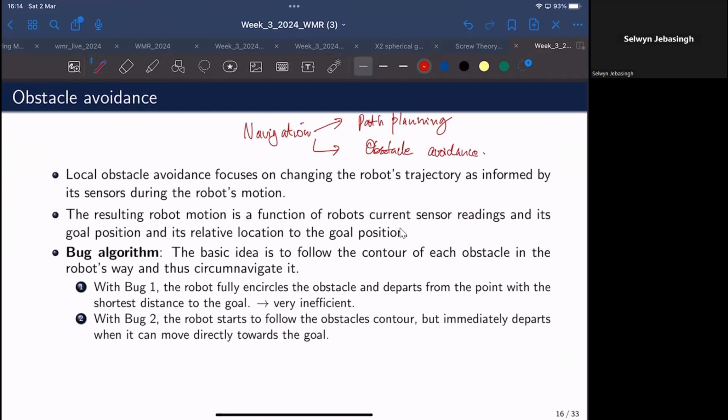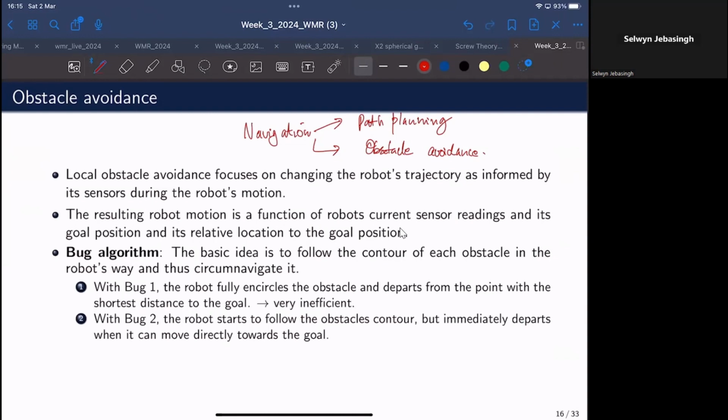Obstacle avoidance is very important because once the robot has planned the trajectory it wants to go, sometimes the objects may be dynamic. For example, if a human is walking through the field of the robot, the obstacle may not have been previously registered on the map of the robot. It may come at a later point of time. As the robot is moving, its sensor is constantly sensing its environment.